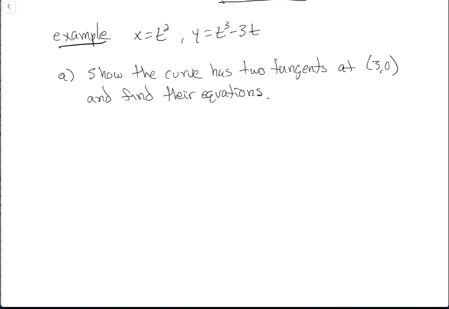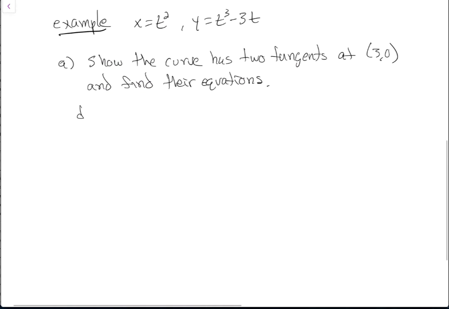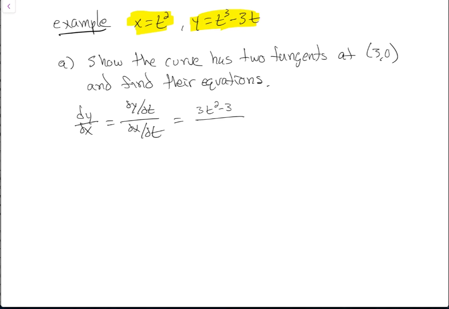So to find the equation of those two tangent lines, we need the derivative in order to find the slope of those two tangents. So from our chain rule, dy/dx is going to be dy/dt divided by dx/dt. And if I come back up to my y equation here, dy/dt is going to be 3t squared minus 3, and then dx/dt is going to be 2t.